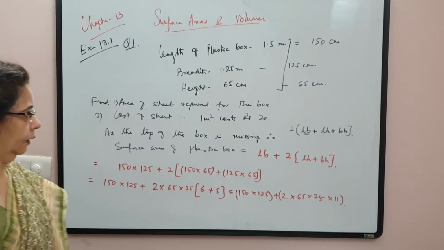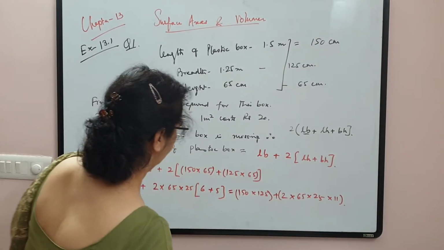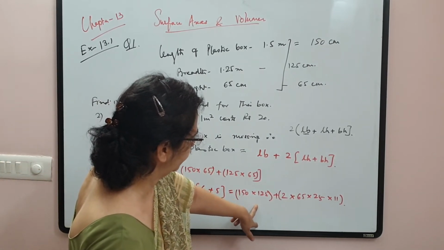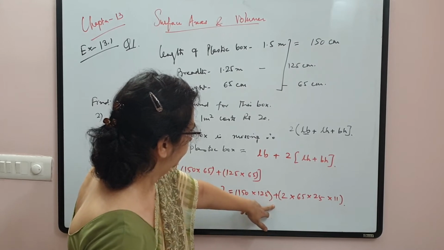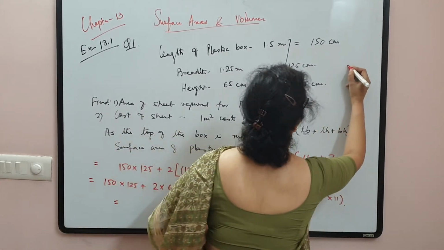Right? Now what do you get, children? This is equal to what more can you take out, children? Now let us calculate this. 125 into 15.